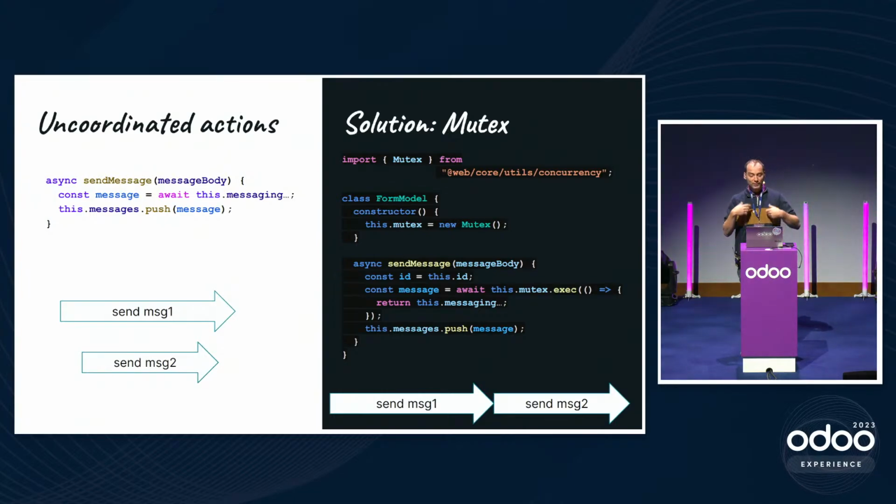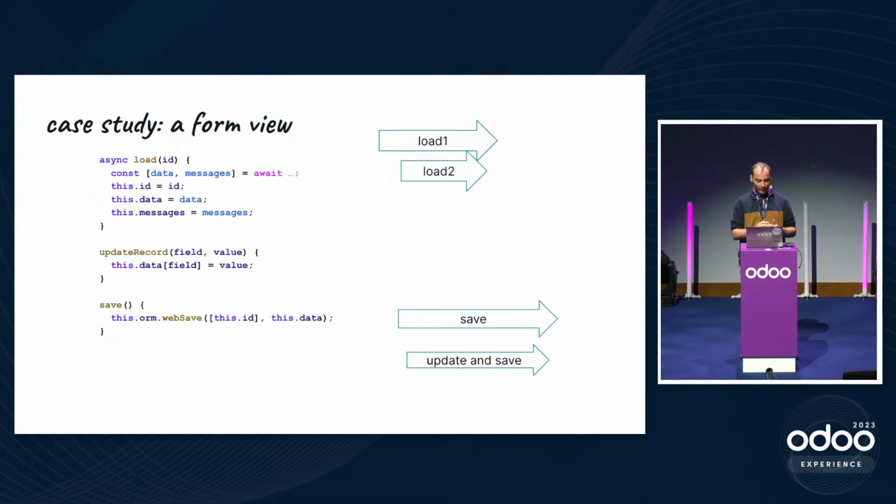You need to create one mutex for your form model, and then you will send all those operations through the mutex. By doing that, it will be less efficient because those messages will be serialized, but it will be correct. They will be handled in a proper order. That's really a common theme of doing concurrency work: if you want to be efficient, you will probably lose some correctness unless you're very careful.